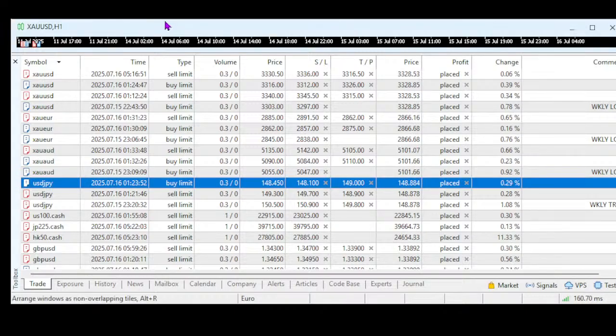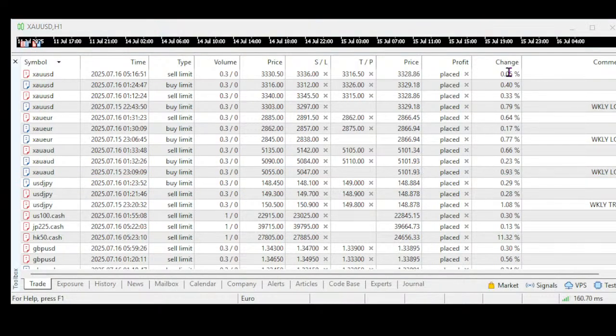So this is going to be a buying day trading order: 148.15, stop 147.80, and TP 149.50.